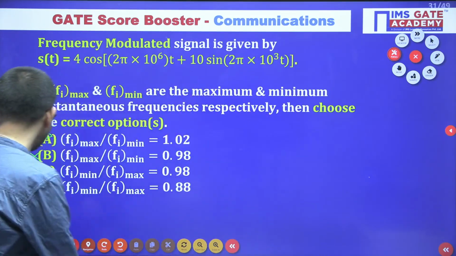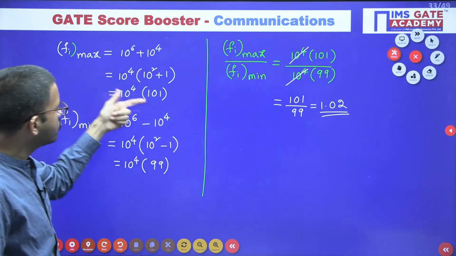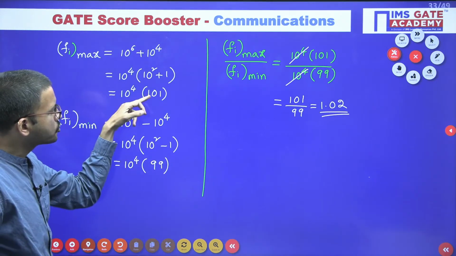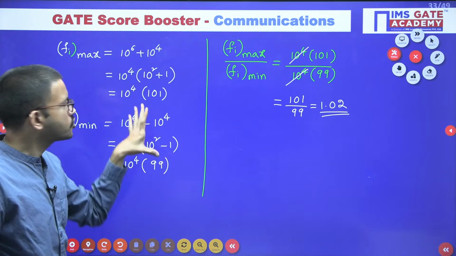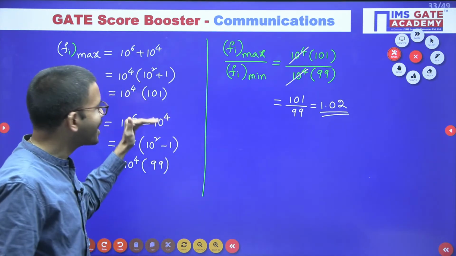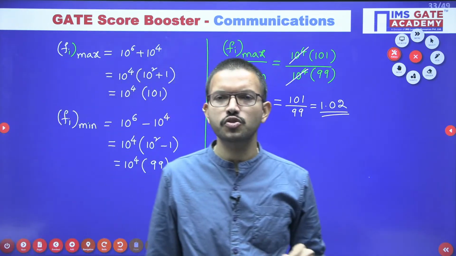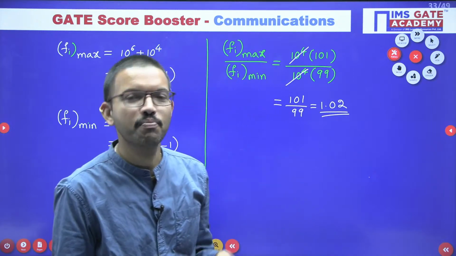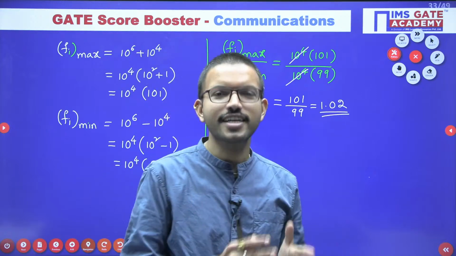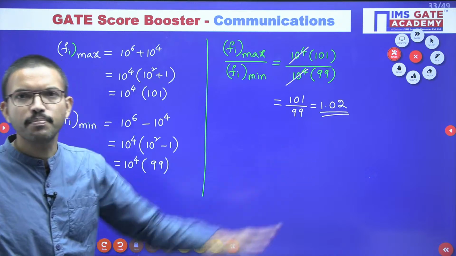Just by observing 10 power 4 into 101 and 10 power 4 into 99, Fi max divided by Fi min is 101 divided by 99, which is slightly greater than 1. Whichever option has a value slightly greater than 1, you can choose that, provided the question is MCQ. But here we have MSQ, so we don't know whether a given option is really correct or not. That is why we have to verify each and every option and do the calculation completely.